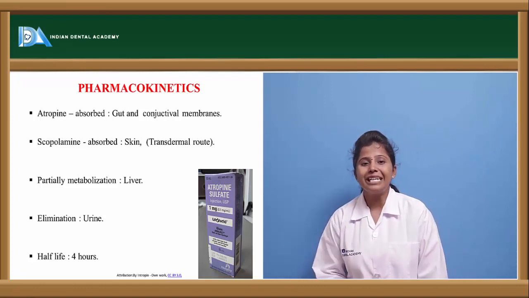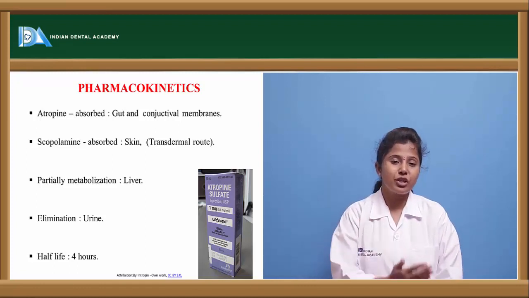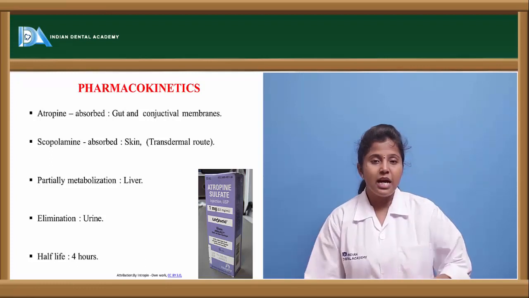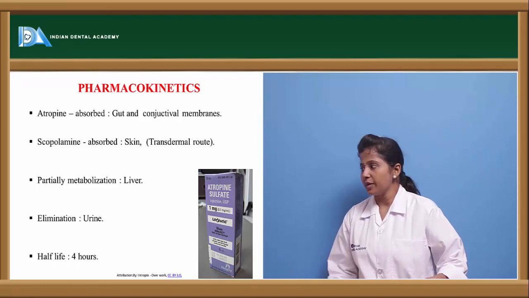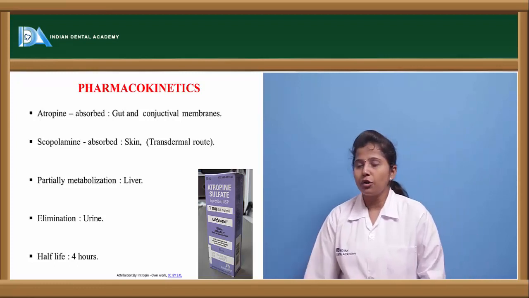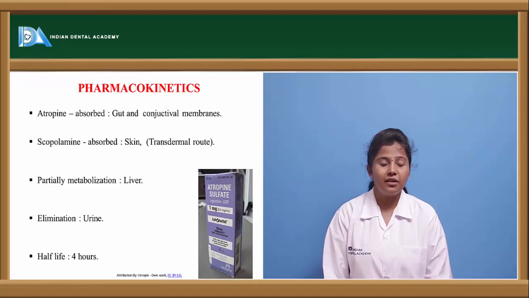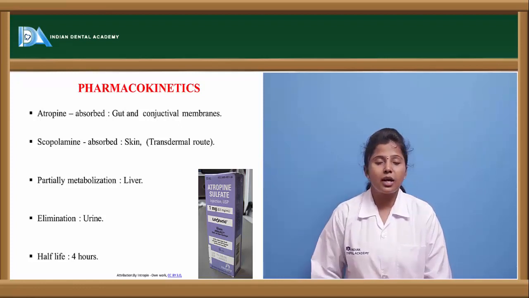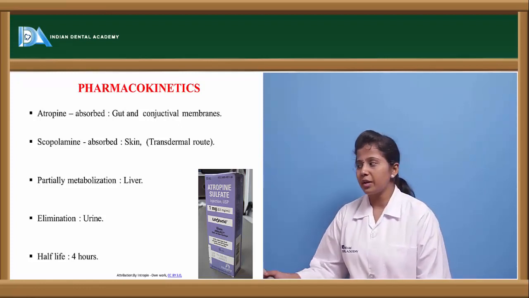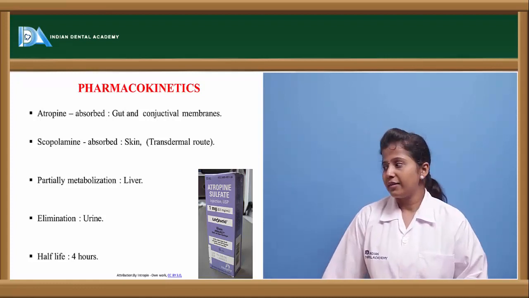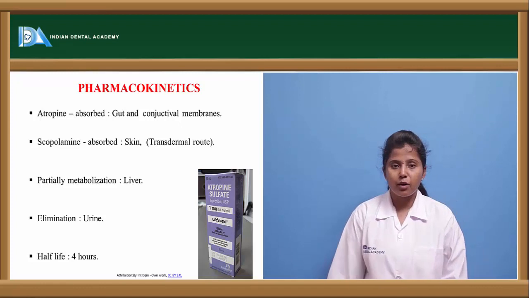If you apply the patch to the skin, the drug penetrates the skin layers and reaches the systemic circulation. The metabolism of these antimuscarinic drugs takes place in the liver, but it is only partial. These drugs are eliminated through urine, and the half-life is about 4 hours.